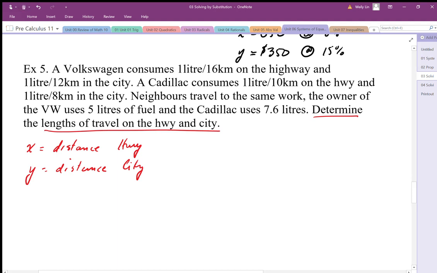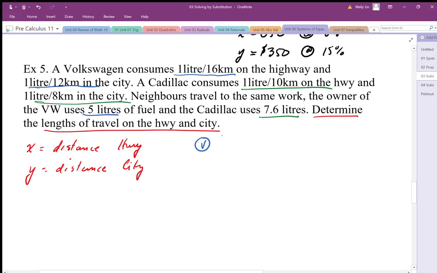We've been told Volkswagen, highway, city, and Cadillac, highway, city. The Cadillac uses 7.6 liters. The Volkswagen uses 5 liters. I think we can come up with a relationship based on Volkswagen and Cadillac.